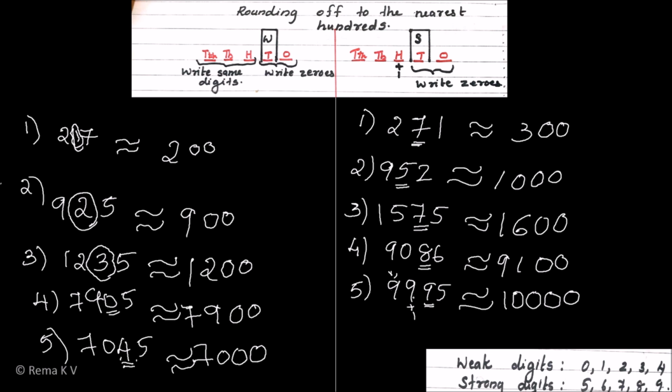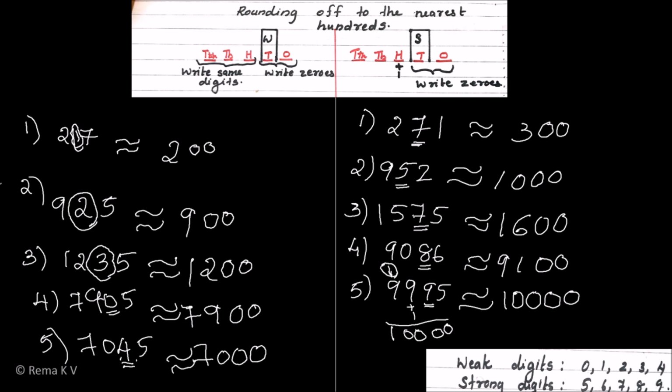Okay. 9,995 is rounded off to 10,000. We are adding this one with this one. This one becomes 0. 9 plus 1 is 10. Then 1 carry over here. 1 plus 9 again 10. So 9,995 is rounded off to 10,000.